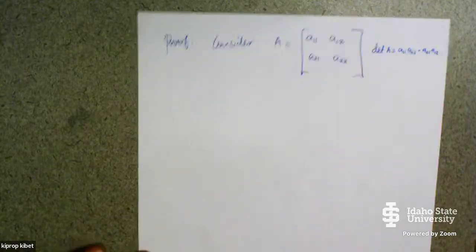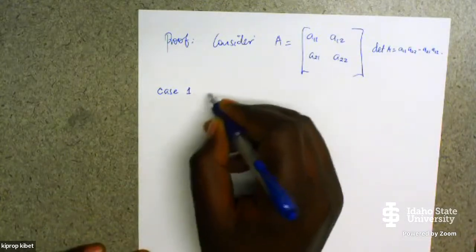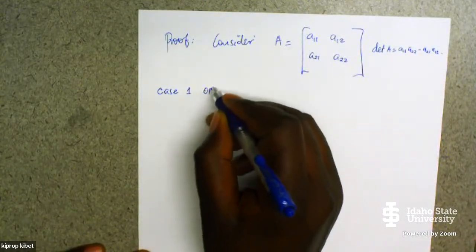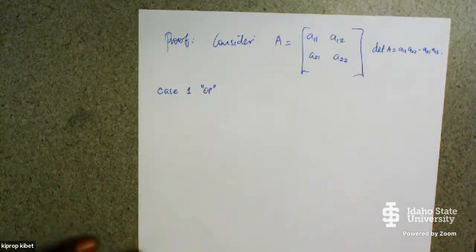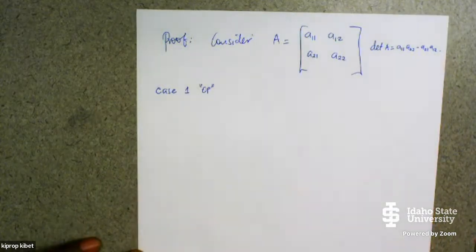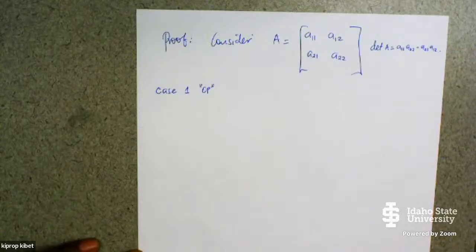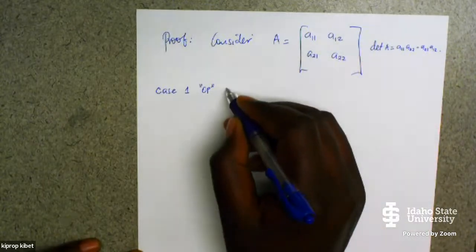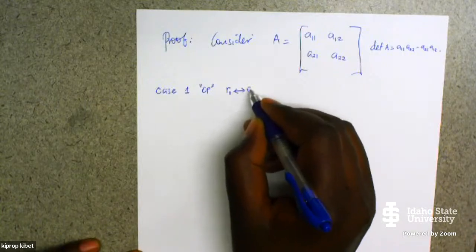Now, let's start case number 1. We do the operation on the identity matrix over 2 by 2. In this case, let's switch R1 and R2.